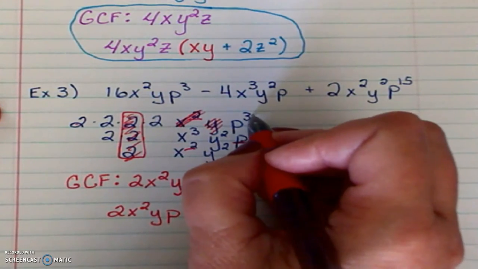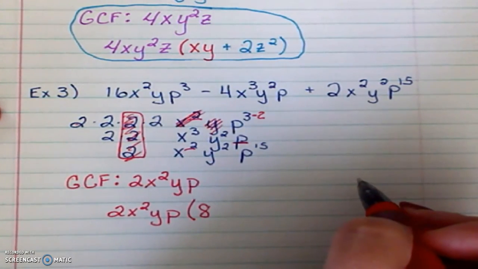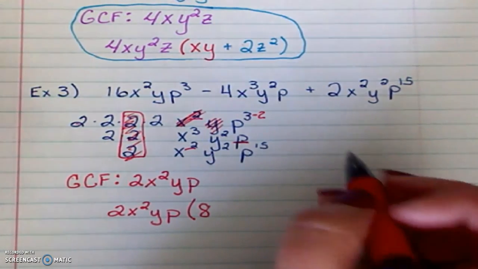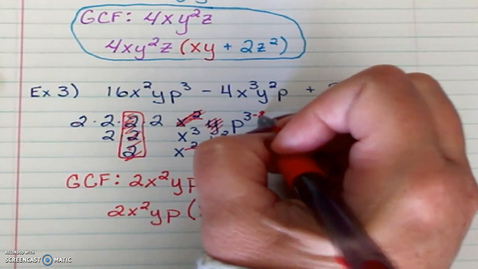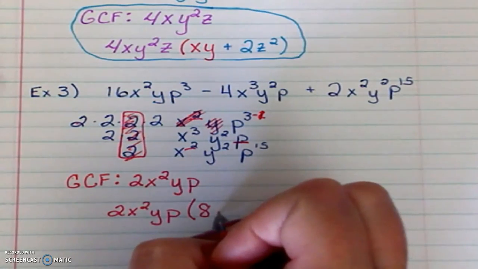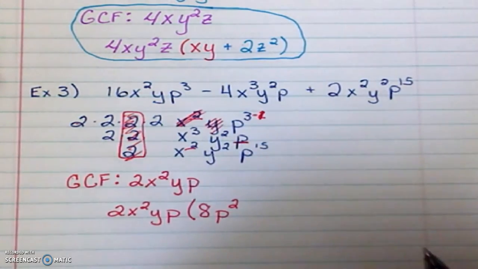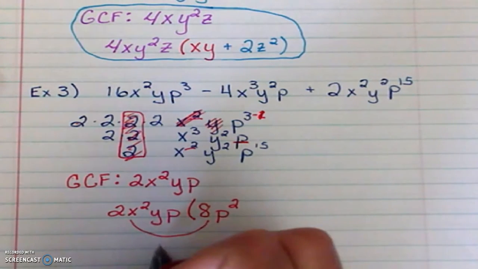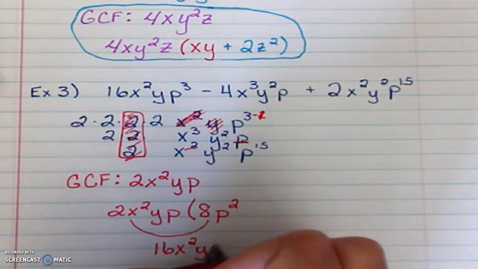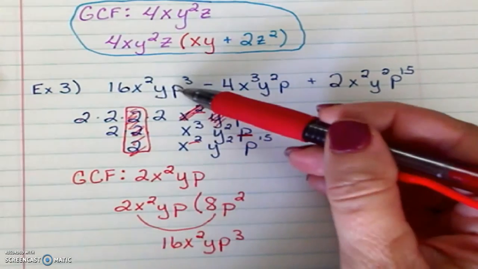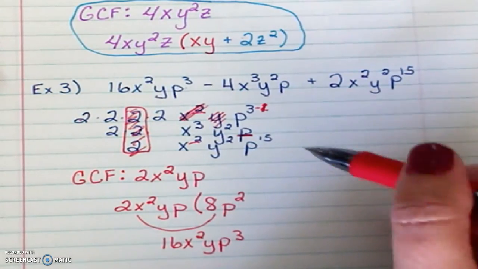And I took out 1 p, I'm sorry. If I take that 1 p out, you are left with p squared. So if I use the distributive property here, you get 16x squared y p to the third. And that is what your first term is right here.